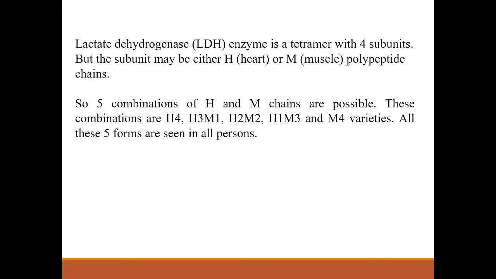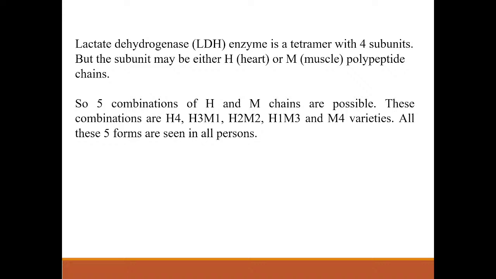But the subunit may be either H for heart or M for muscle, that is a polypeptide chain. So, 5 combinations are possible. H and M chains are possible. These combinations you write down: H4, H3M1, H2M2, H1M3 and M4. All these 5 forms are seen in all persons.